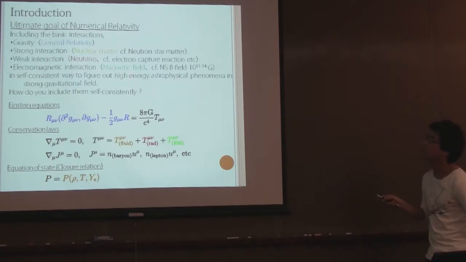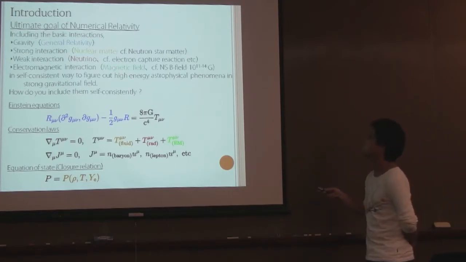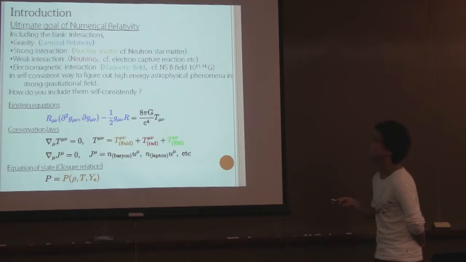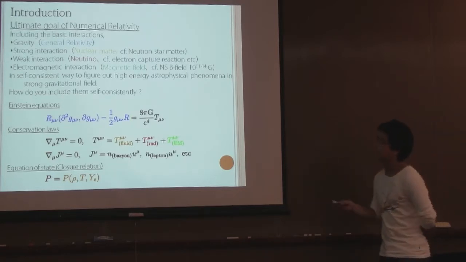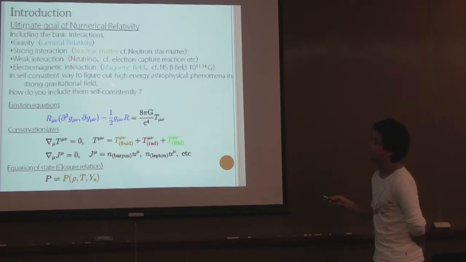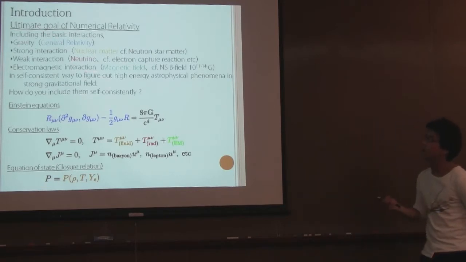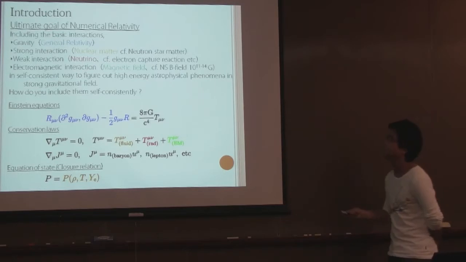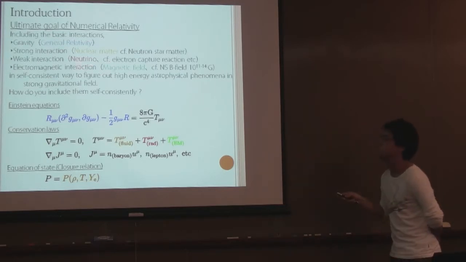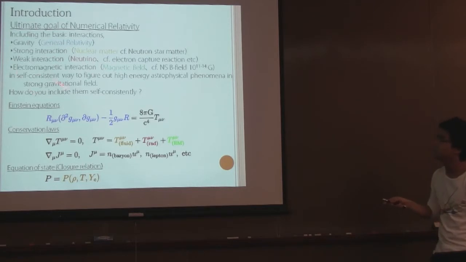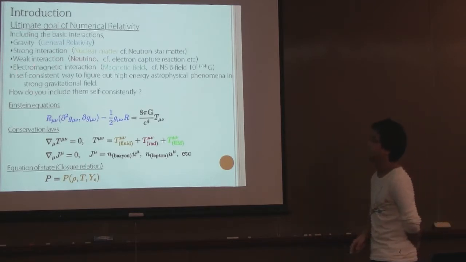So you need numerical modeling to theoretically investigate them. So the aim of numerical relativity is to figure out the high energy astrophysical phenomena in which all the basic interactions should be implemented in a self-consistent way in numerical simulations.